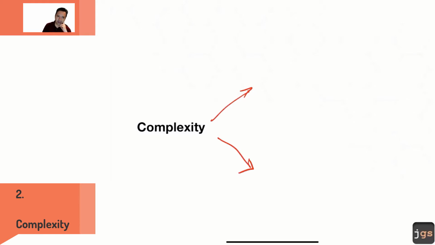Two ideas that I need you to be aware of about complexity. Complexity in terms of software. What makes a piece of software complex? What makes a class or a method, a system, my next homework, complex or not?